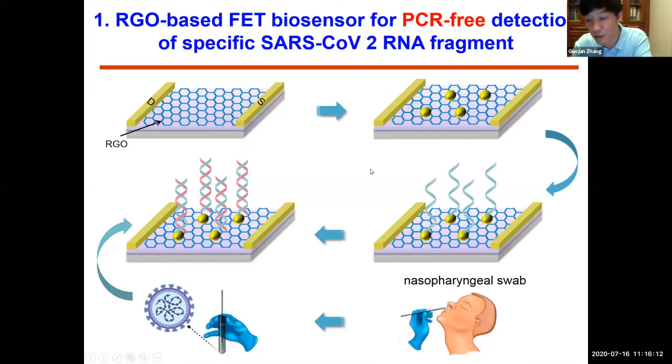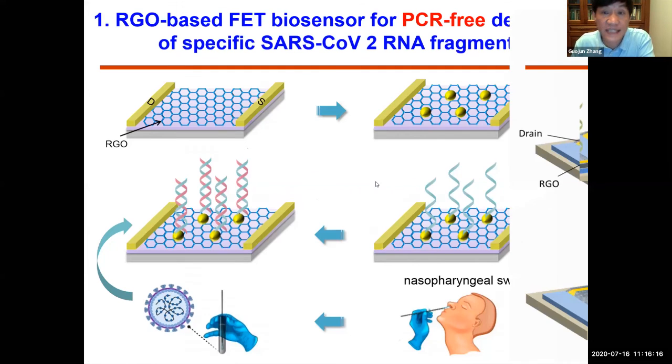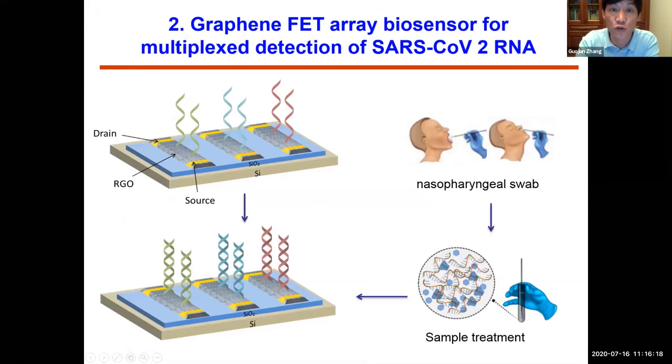This is different from the RT-PCR work. Based on the first work, we are going to use this biosensor array for multiplex detection of coronavirus RNA. In this case, we are going to detect 3 specific RNA fragments from the coronavirus.